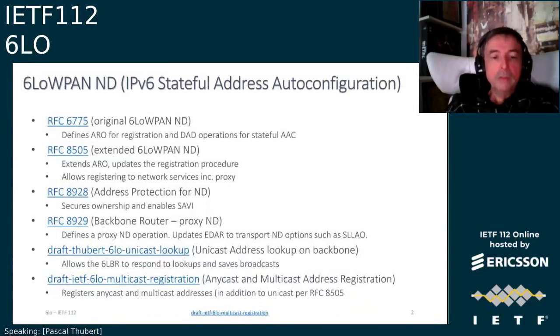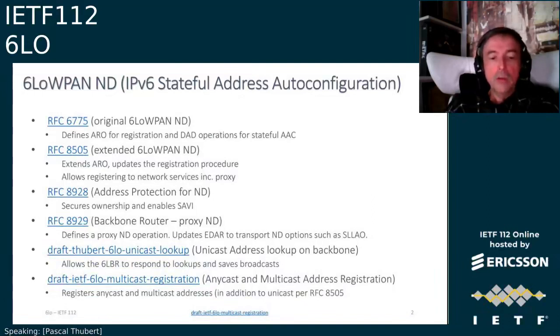So the family starts with 6775, which was updated by 8505. More recently, we published address protection for it, meaning that the address that is advertised by 8505 can now be protected against address theft and impersonation attacks.